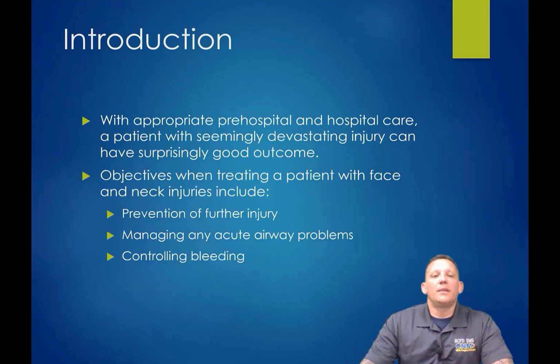Continuing on with the introduction, the appropriate pre-hospital and hospital care: patients who seemingly have devastating injuries can actually have good outcomes, and this really comes back to the protection of the airway, maintaining somebody's ability to breathe, and helping to create that perfusion status. And then when we're dealing with objectives on patients with face and neck injuries, we want to prevent any further injury.